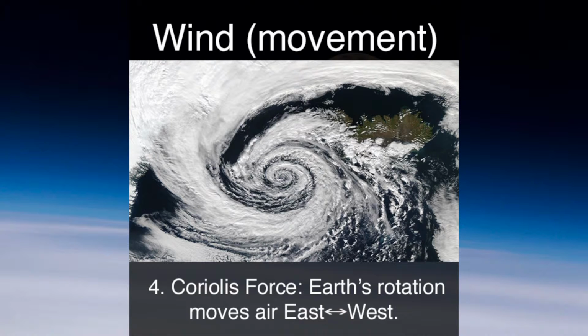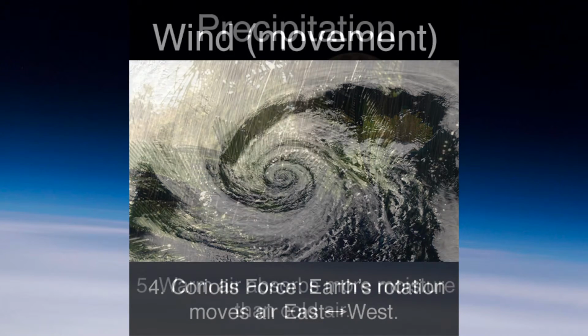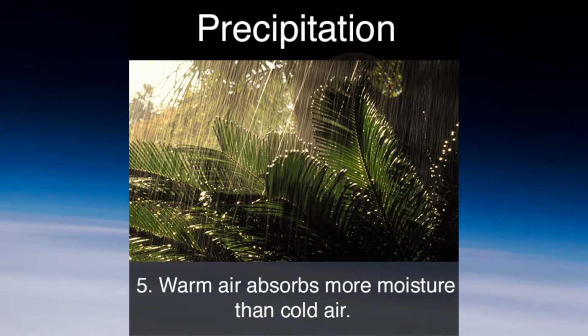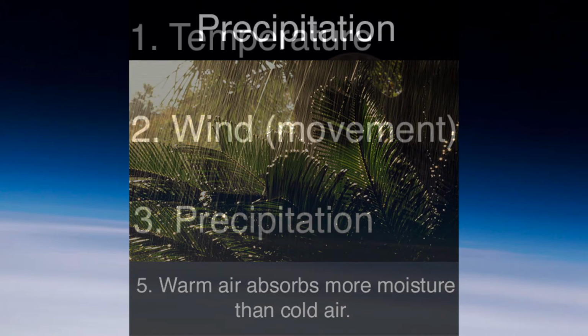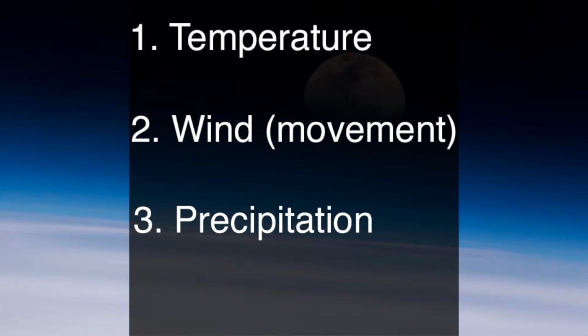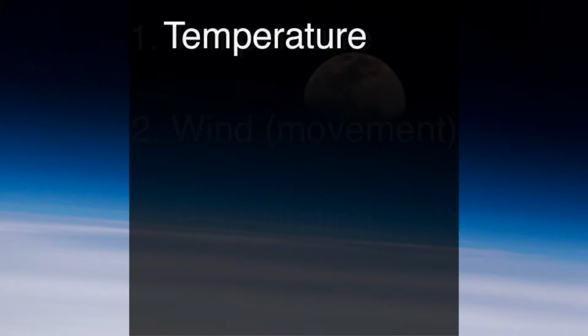And finally, Rule 5, when we look at precipitation or rainfall, we'll notice that warm air absorbs more moisture than cold air. The application of these 5 rules explain the temperature, movement, and precipitation in the Earth's atmosphere. So let's first look at temperature.